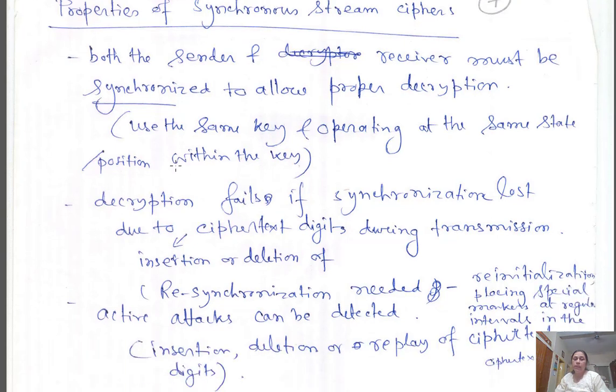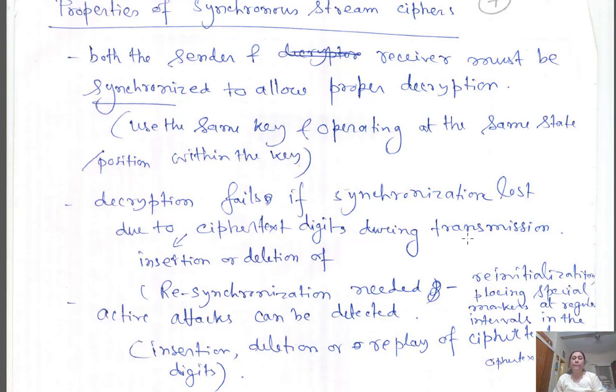If some ciphertext digits are inserted or deleted by an adversary during transmission, say y1, y2, yn are sent and yi is dropped, or some yi prime is inserted, then decryption will fail because of the synchronized property.